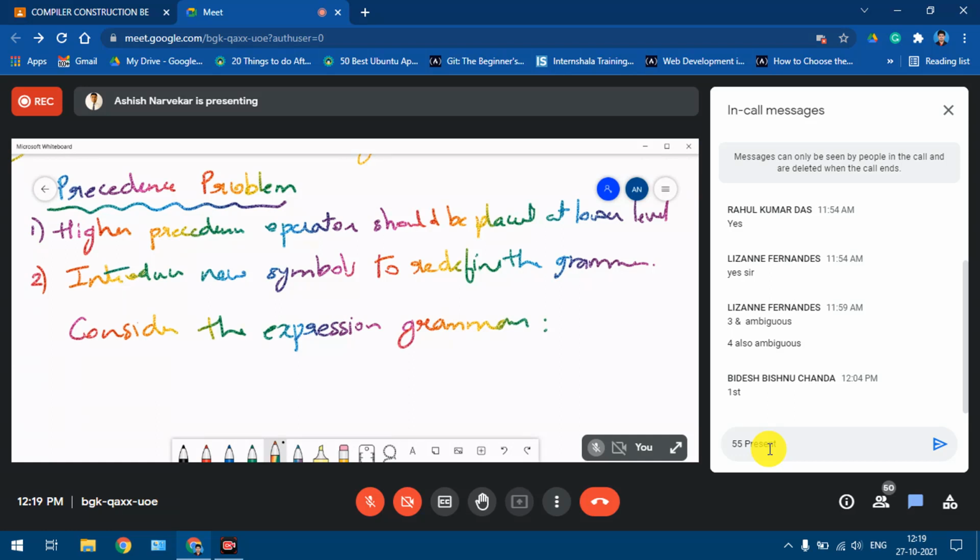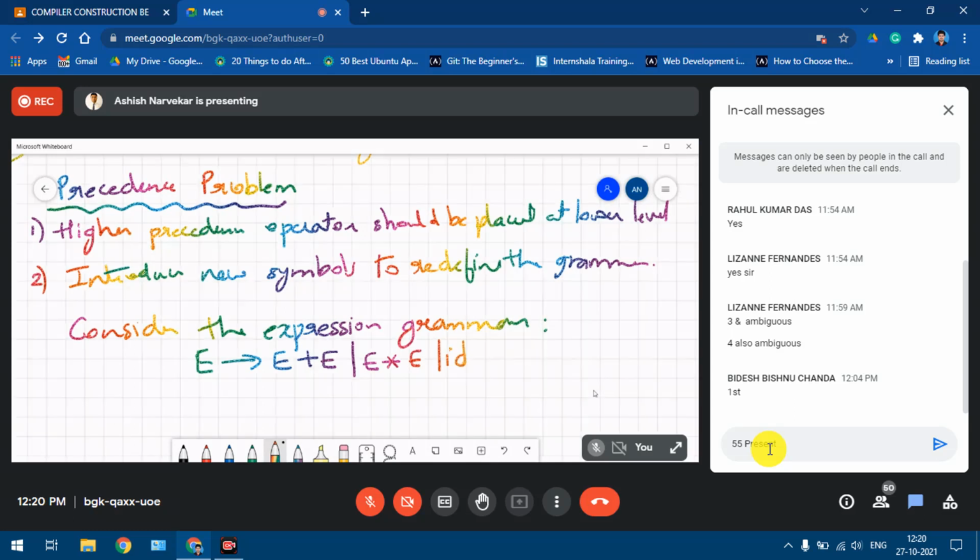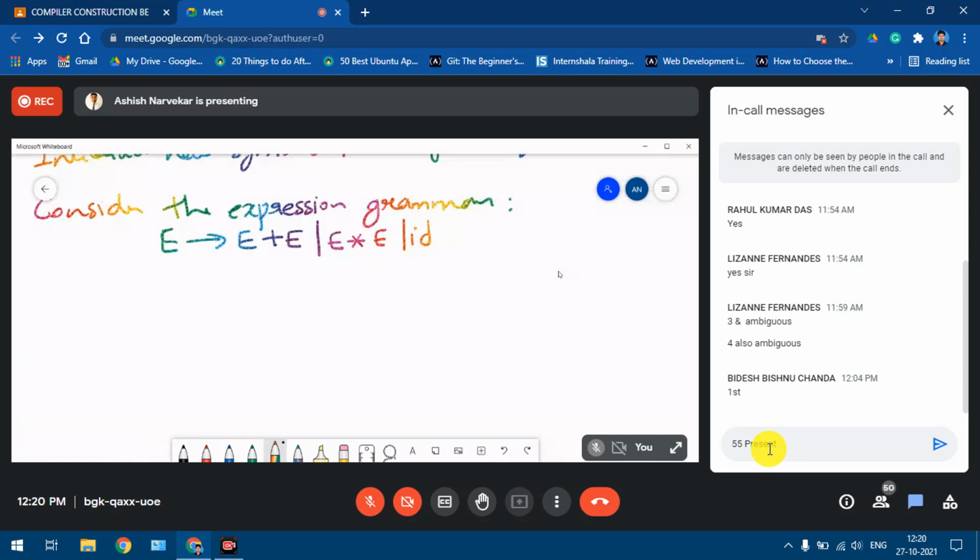Let's take only the two which can help us understand this concept. So the expression grammar has the production rules E plus E, E star E and ID. So these are three productions of the expression grammar that we have over here.